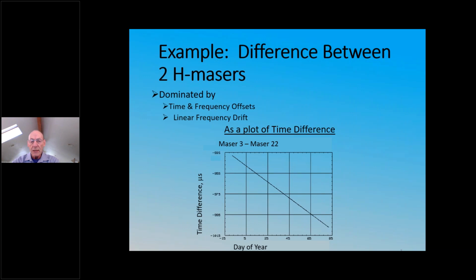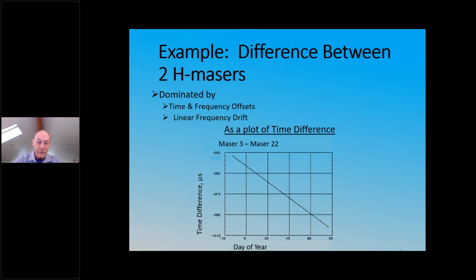But it could be any clocks, and if the clock is dominated by a time offset and a frequency offset, it basically looks like a straight line, which is kind of what you see here. And the origin at the left of the screen is not 0, so that's a time offset at the beginning of the measurement.